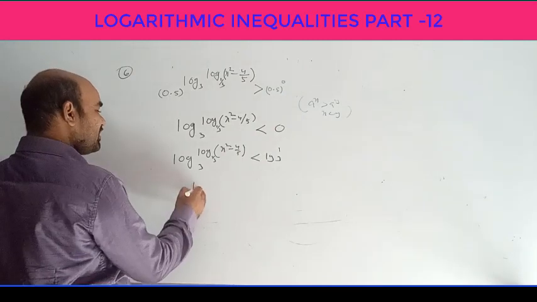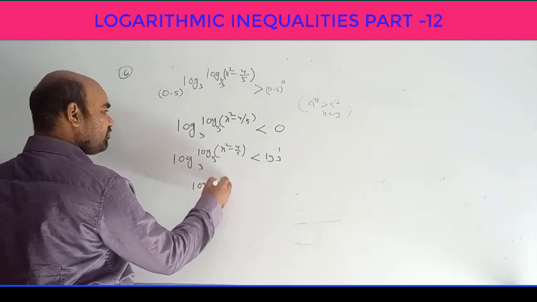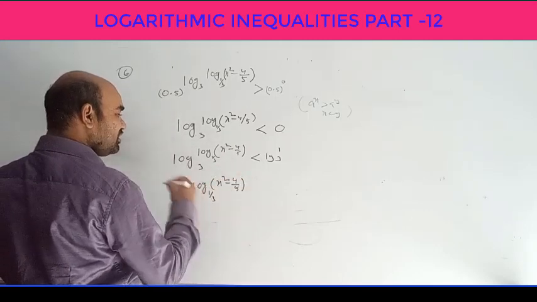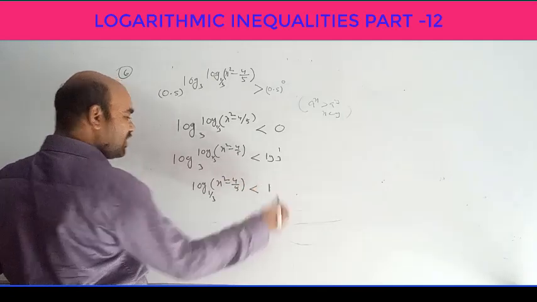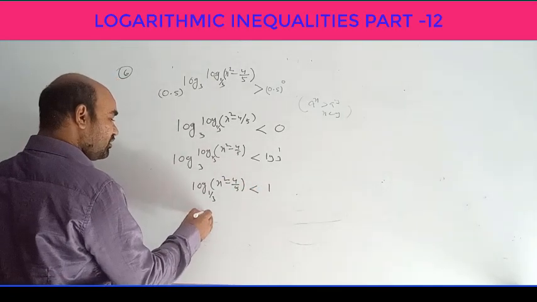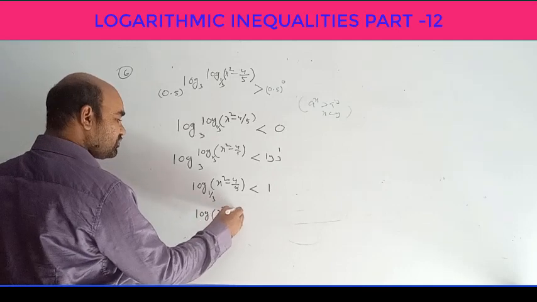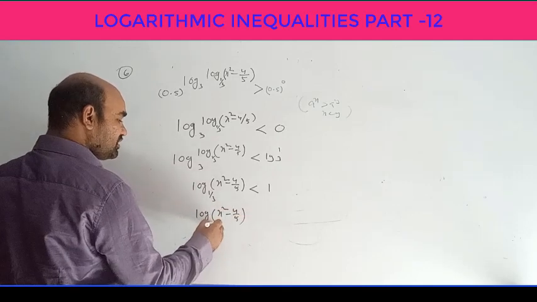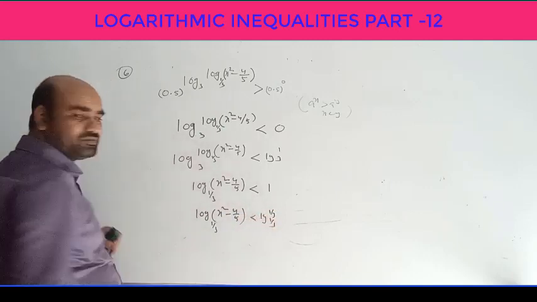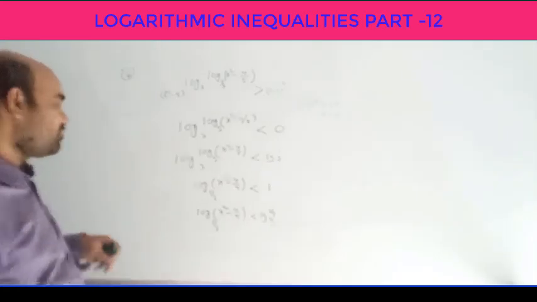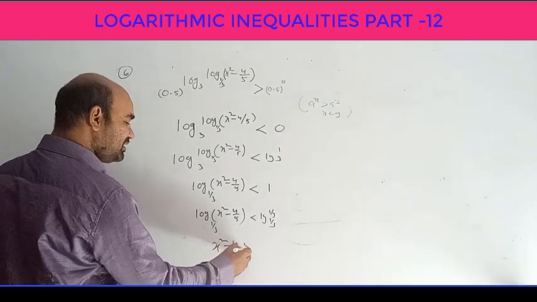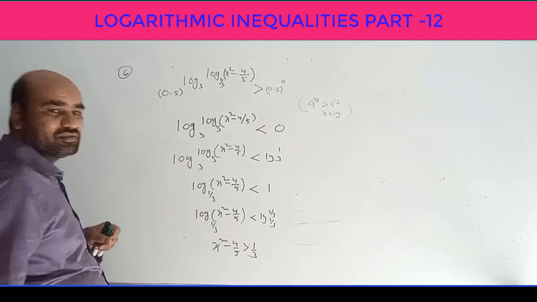This is the same as logarithm of x square minus 4 by 5 to the base 1 by 3 is less than 1. So logarithm of x square minus 4 by 5 to the base 1 by 3 is less than log 1 by 3 base 1 by 3. Since 1 by 3 is between 0 and 1, the inequality is altered. So x square minus 4 by 5 is greater than 1 by 3.